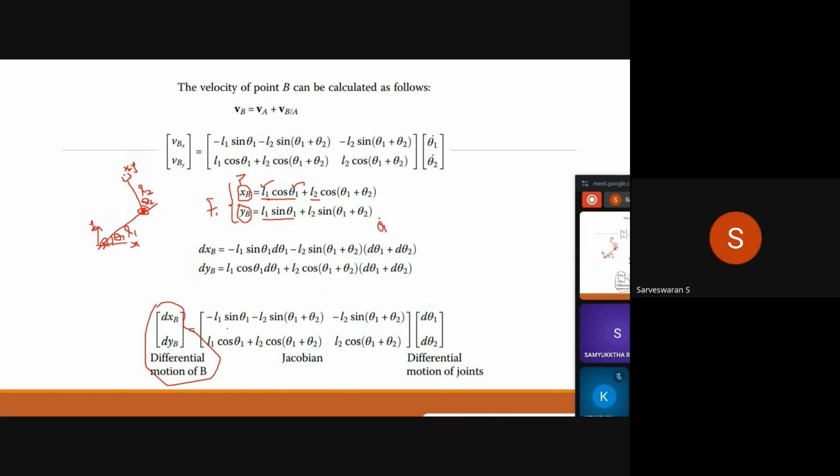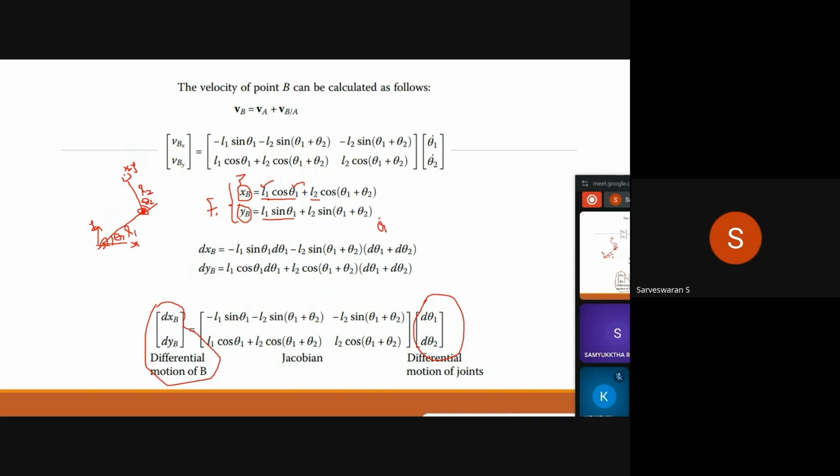The differential motion of B is equal to this matrix, which is your Jacobian matrix, times your joint differential motions. So the Jacobian, in simpler terms, is the major component which defines how the joint velocities have to move based on the end effector velocity.